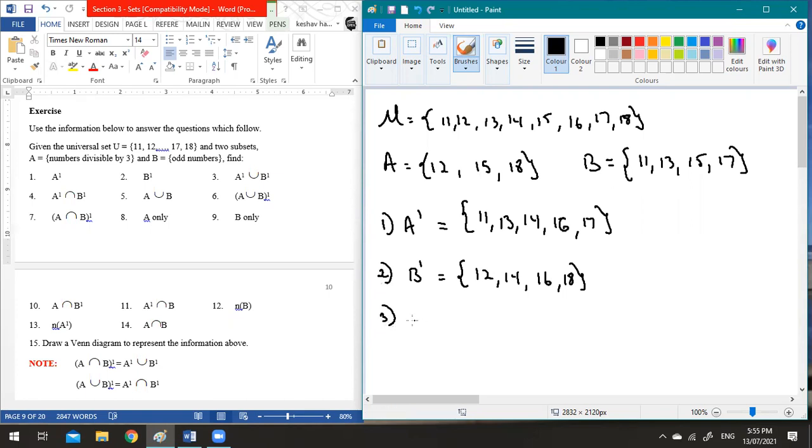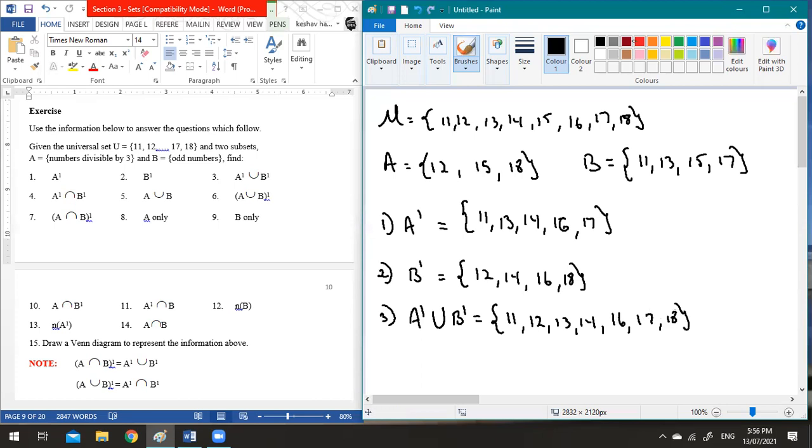Number 3, we want A prime union B prime. And this is the union of two sets, meaning you combine the two sets. So we're going to write A prime and B prime combined. So we will have 11, 12, 13, 14, 16, 17, and 18.